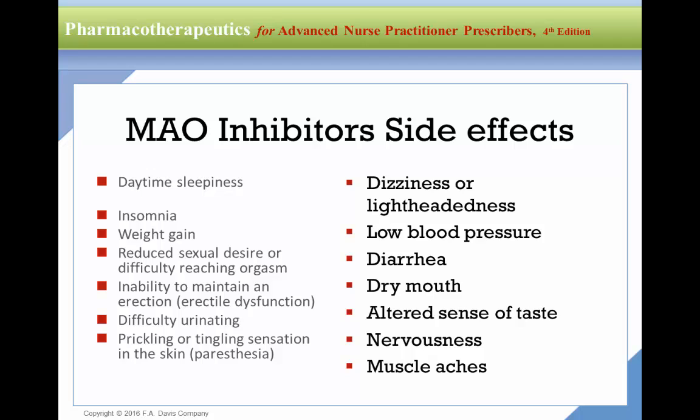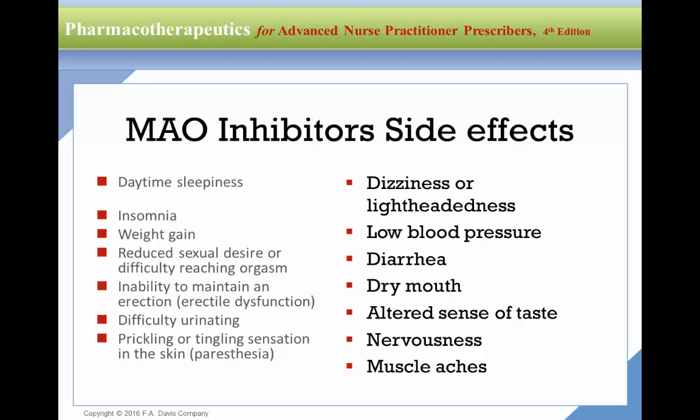So what are the major side effects? You cannot forget hypertensive crisis. In addition, of course, like all the antidepressive medications, they would have depressive symptoms such as insomnia, lethargy, and daytime sleepiness.